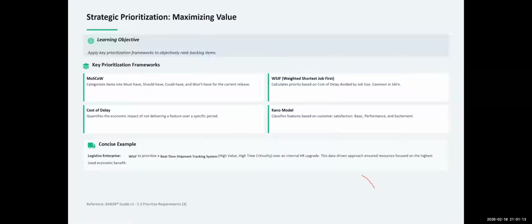They are expressed in numbers, right? But the concept around it is that you calculate the priority based on cost of delay divided by job size. Now, you've known the cost of delay.